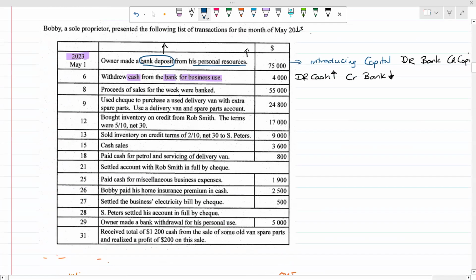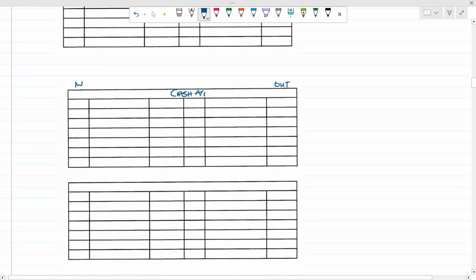This is May 6. In the cash account, what do I have to write here? Where's the money coming from? The bank. Am I debiting the cash account here? Yes, because money is coming into cash.